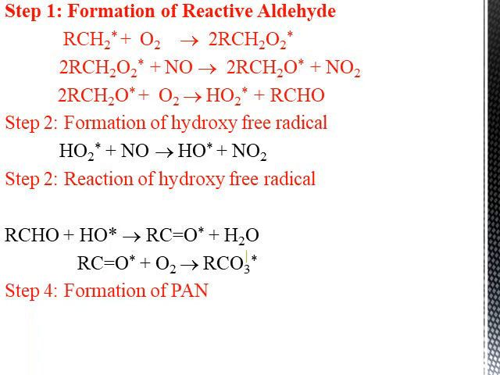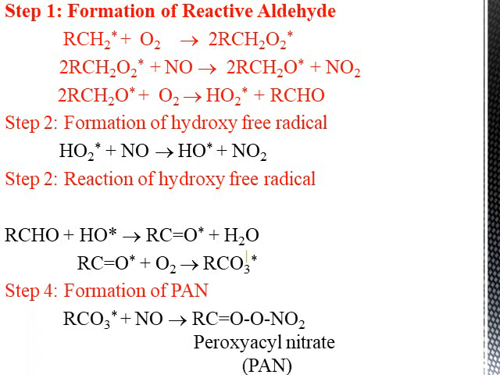Then the fourth step is the formation of PAN, peroxyacetyl nitrate. The RCO3 free radical, RCO3 dot, reacts with NO, nitrogen oxide, which is already available, and forms RC double bond O with an oxygen linkage and NO2.